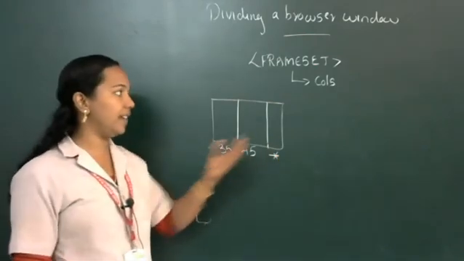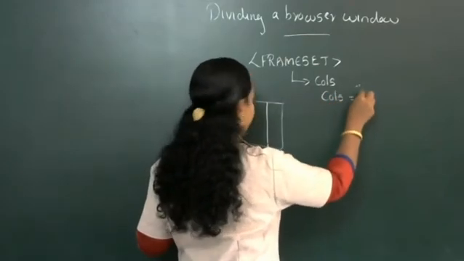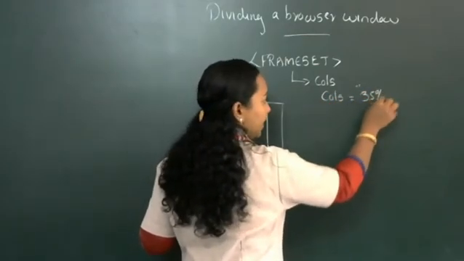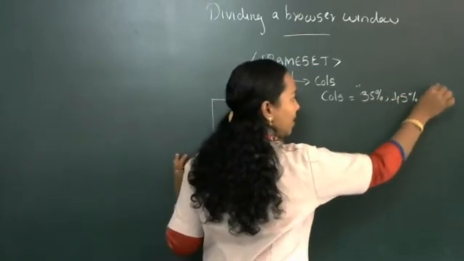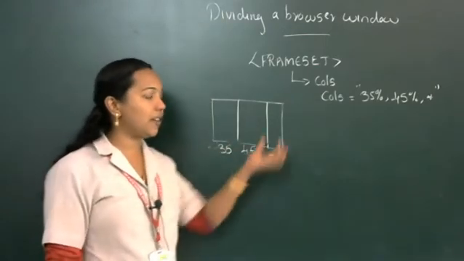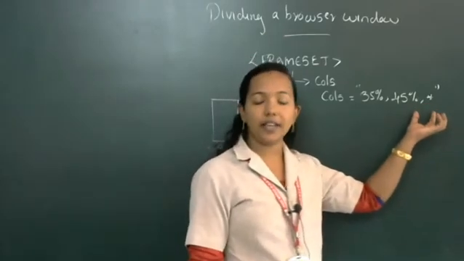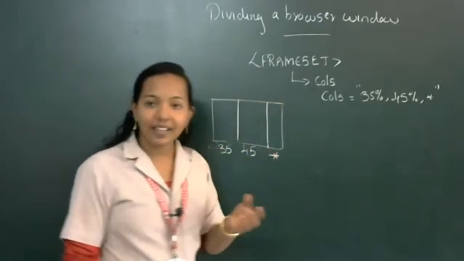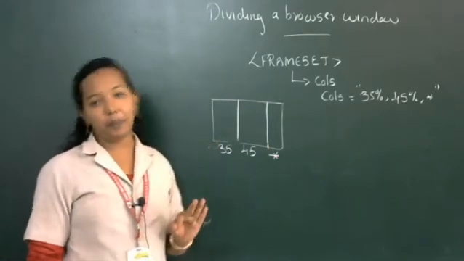We can write like this: frameset cols equal to 35%, 45%, comma, star. Star indicates the remaining portion will be allocated for the third web page.